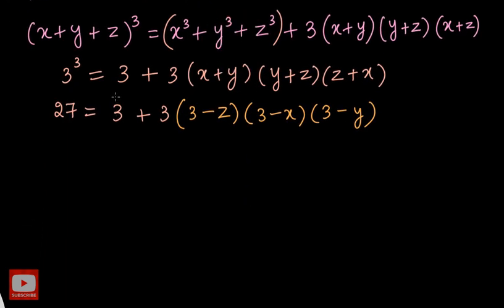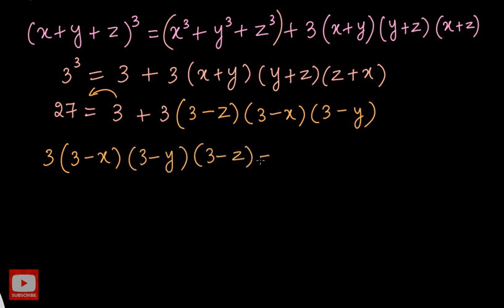Now I'll bring this 3 to the left side, and write the variable terms on the right side. So we have 3 times, and I would like to start from 3 minus x because of the order, x, y, z is the correct order to follow. It looks good, isn't it? So 3 minus x, 3 minus y, and 3 minus z will be equal to 27 minus 3, which is 24.